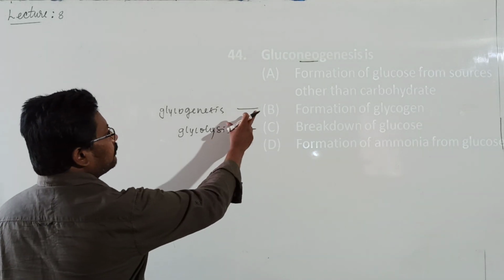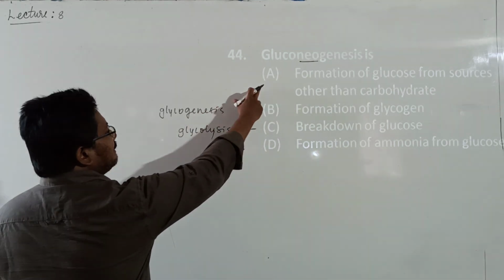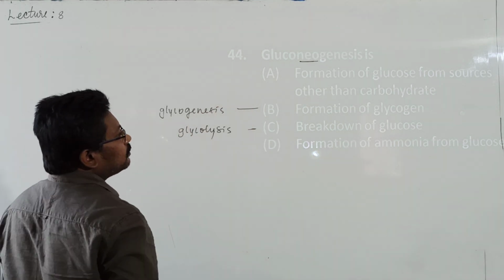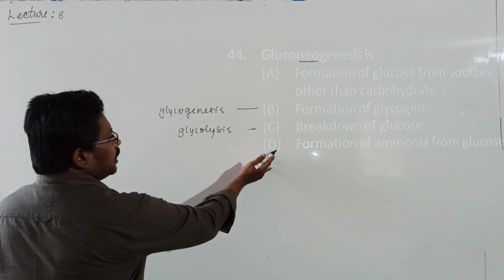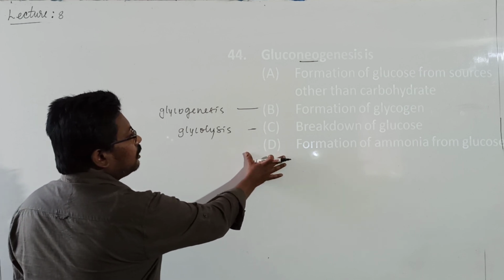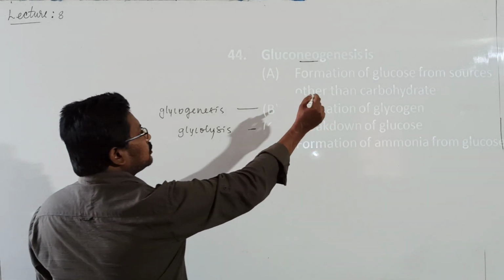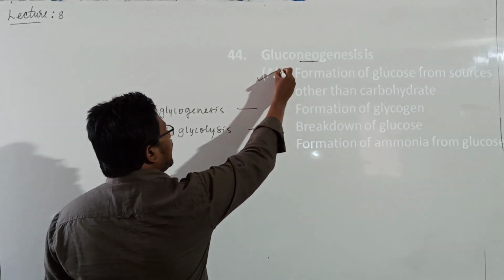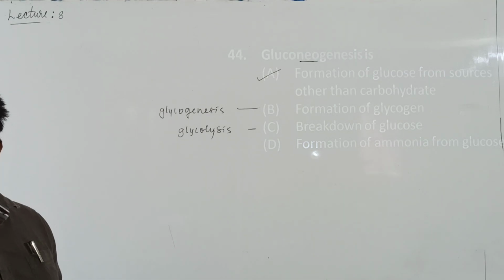And the formation of glucose from sources other than carbohydrate is gluconeogenesis. Another option, the formation of ammonia from glucose? No, ammonia will not form glucose. So option A, the formation of glucose from sources other than carbohydrate, will be the right option.